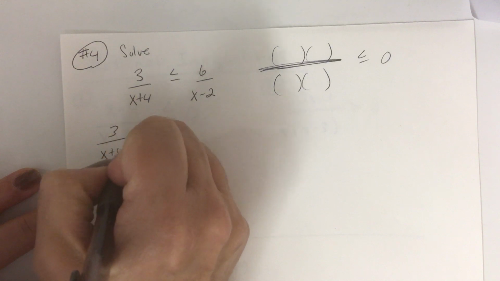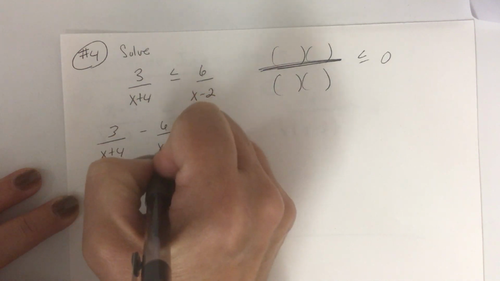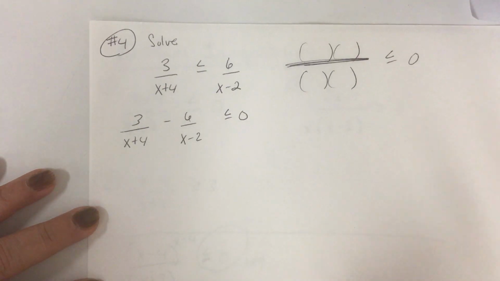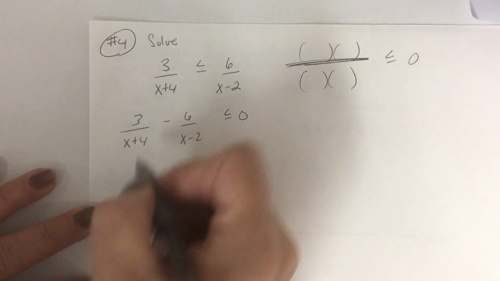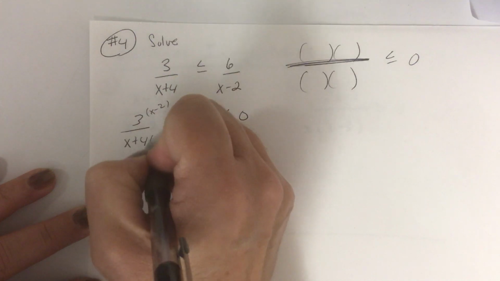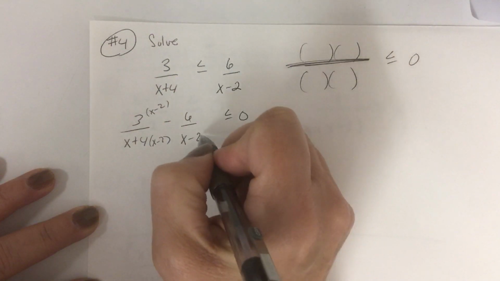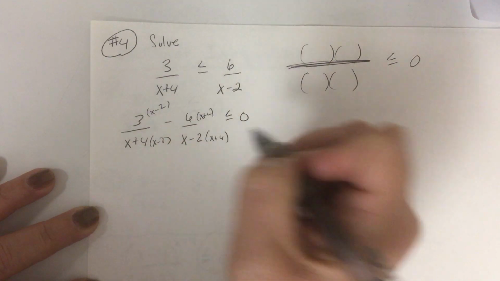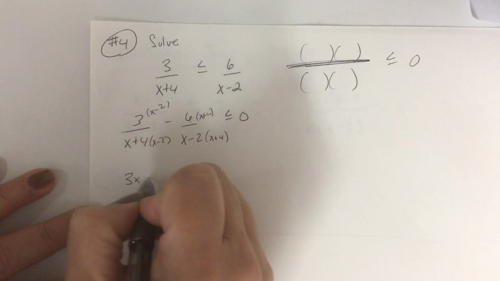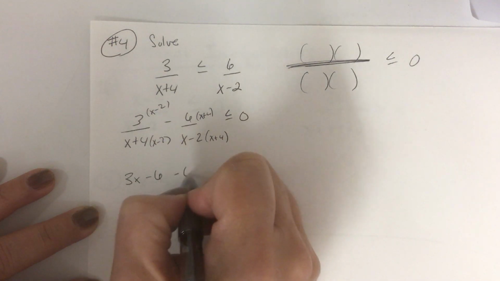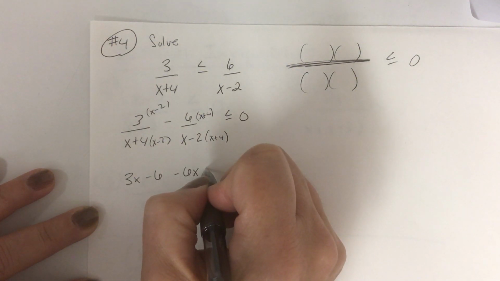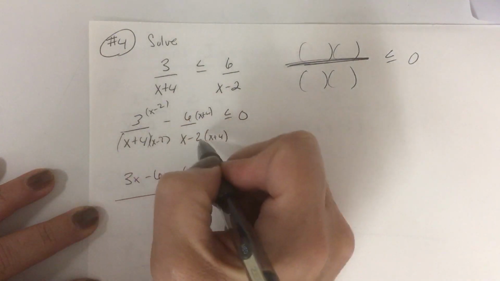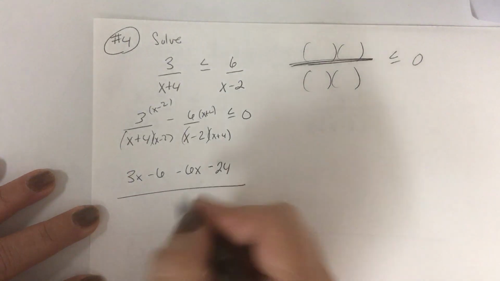So 3 over x plus 4 minus 6 over x minus 2 is less than or equal to 0. Then I've got to get common denominators. So I take this times x minus 2, and this times x plus 4. So I get 3x minus 6 minus 6x minus 24 all over, and there's no sense in multiplying this out because we want to have everything factored.